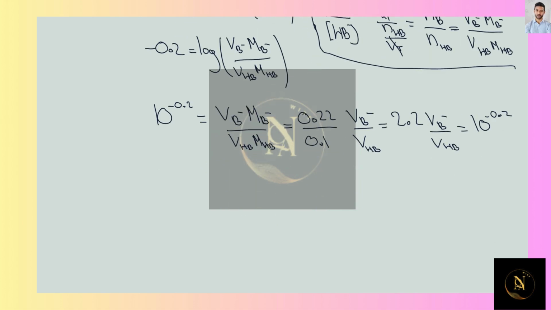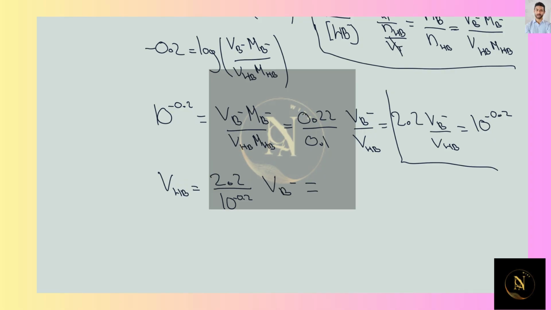Cool. So now with this, we can find a relationship between the volume of benzoic acid and the volume of benzoate that we're going to have. And that relationship is going to be, looking at this section, volume of benzoic acid will be equal to 2.2 divided by 10 to the minus 0.2 times volume of B minus.